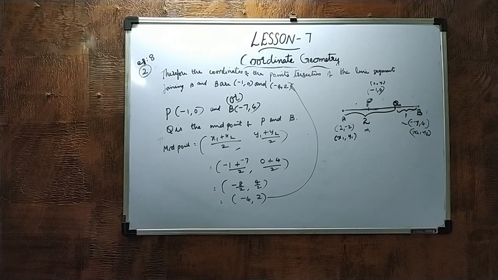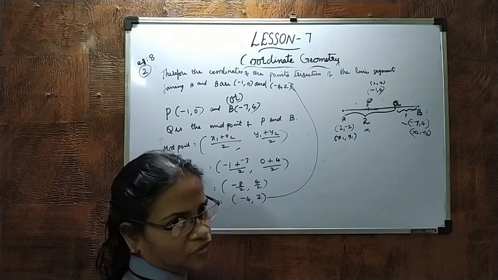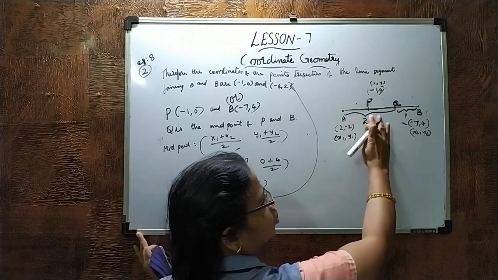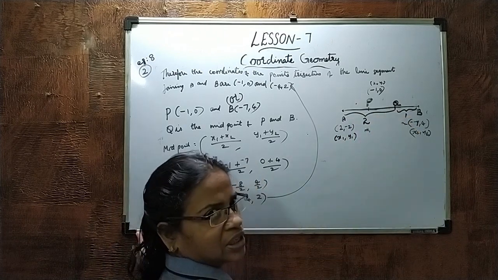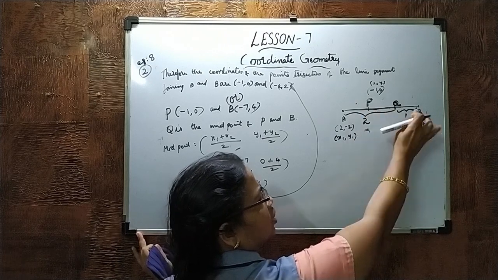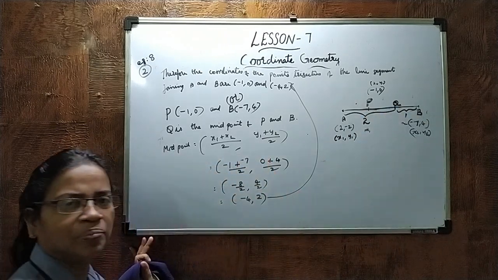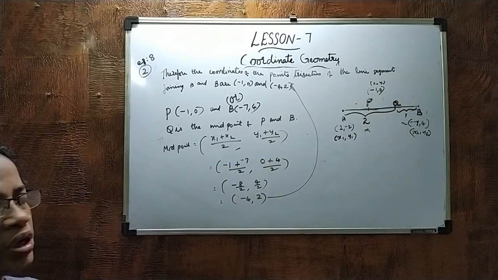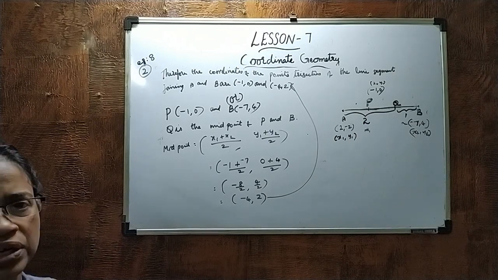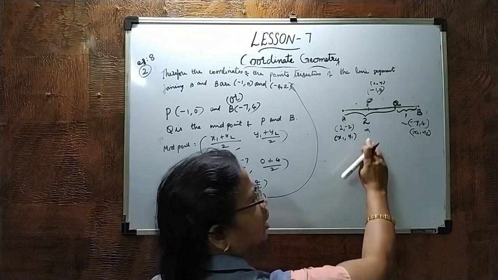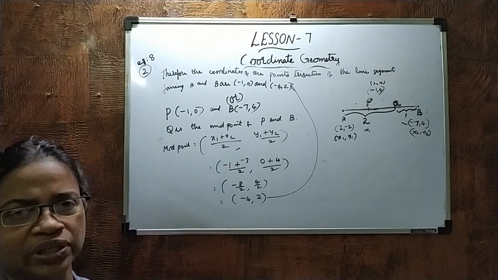So any method you can use. Just find out whether it is a midpoint, using the midpoint formula. Here they told it is equally divided, that means Q is the midpoint of P and B. So we just took the midpoint formula and we did. Otherwise, earlier how we did? Same way, M1, M2 we took and took the ratio and we got the same answer.